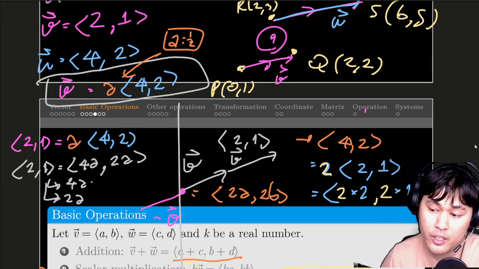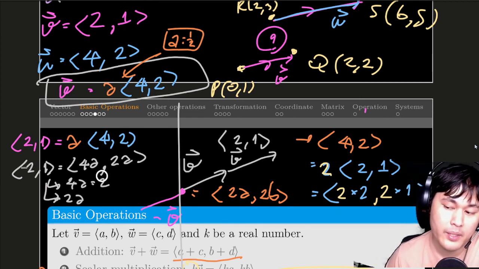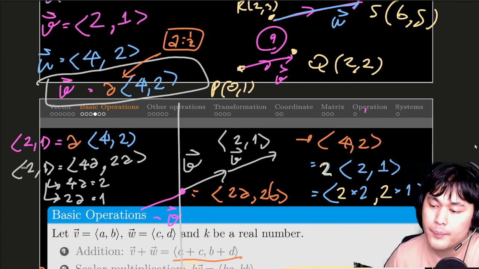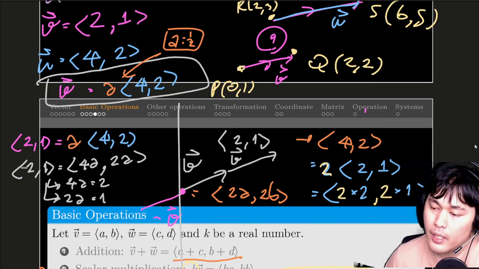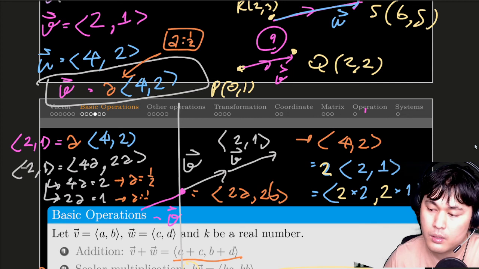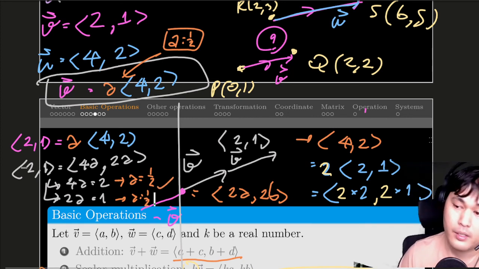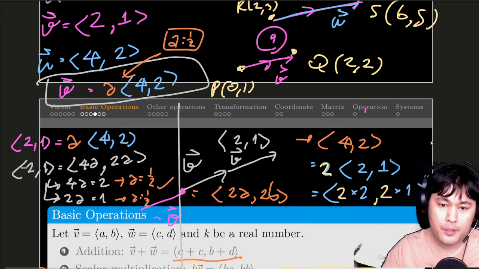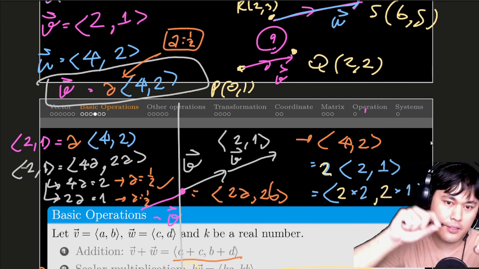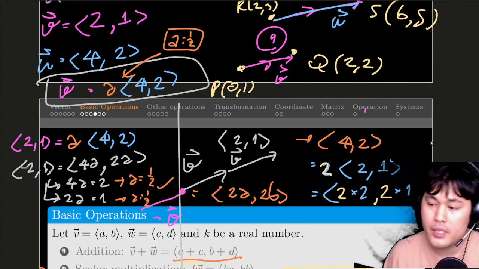We want 4 times a to be the same as the first component, which is 2. And we want 2 times a to be the same as the second component, which is 1. These two equations happen to give you the same solution, which is a equals 1/2. So the answer is yes, we can find such an a. That's the way to scale one vector to match or overlap with the second vector.